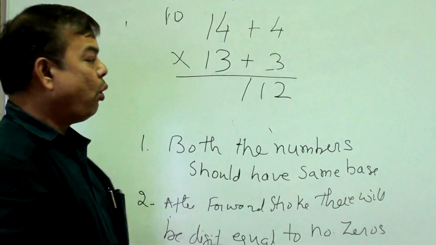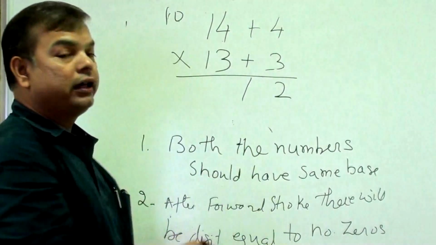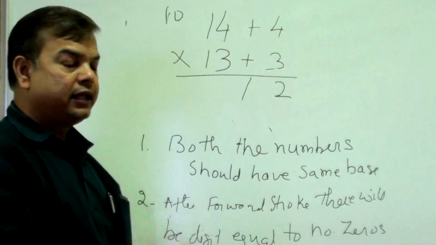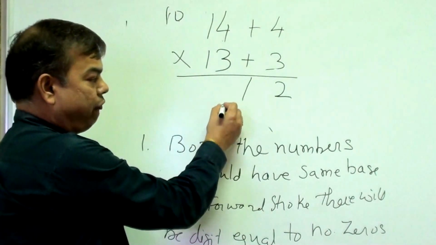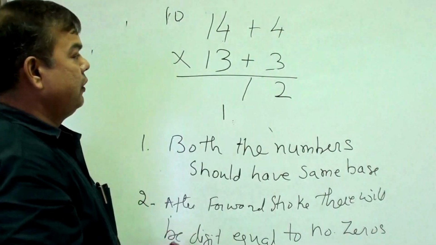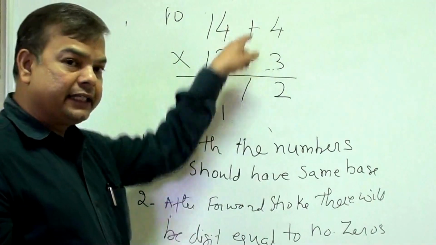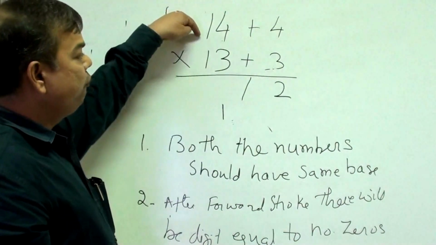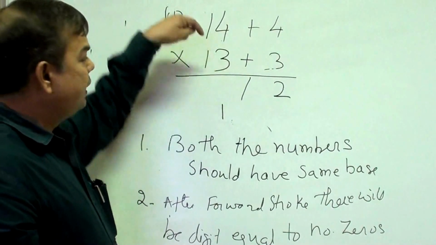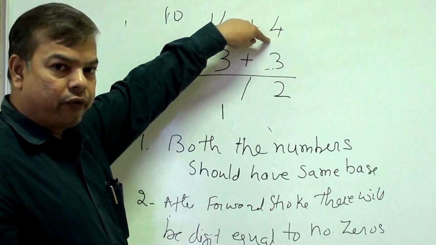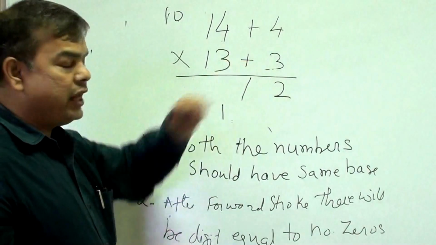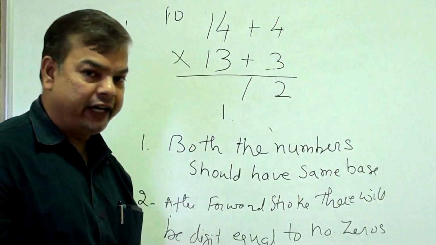You can write only one digit, therefore that is 2, and hence the 1 will be carried forward. Now the multiplication is over. Now we will do cross addition. Either you add 13 with 4 or you add 14 with 3. So 13 plus 4 is 17.